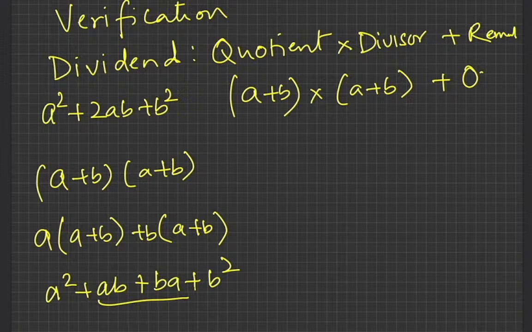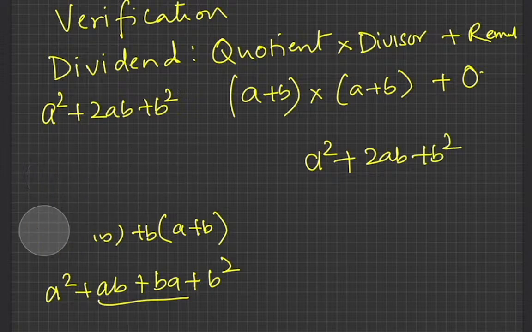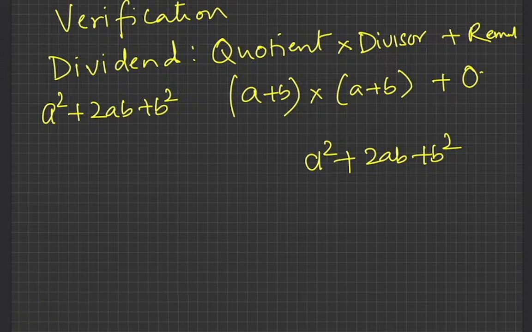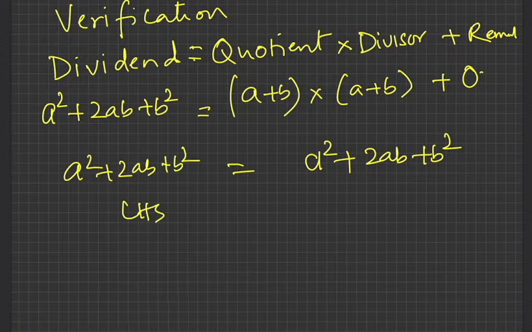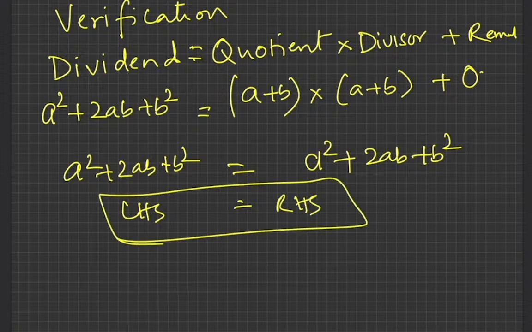Now I have a squared plus 2ab plus b squared, right? So my LHS is equal to RHS, correct? Got it?